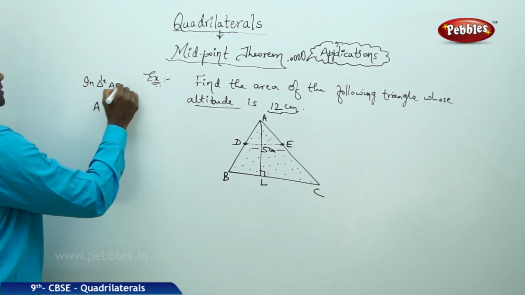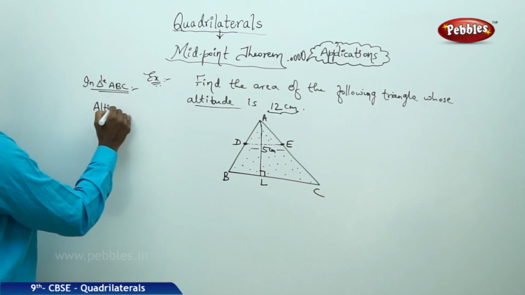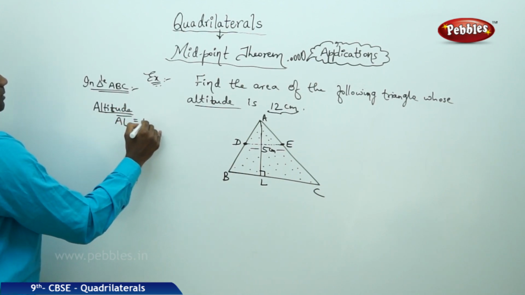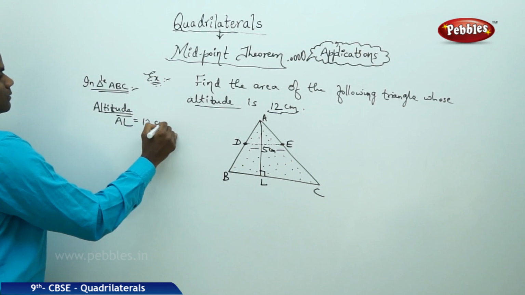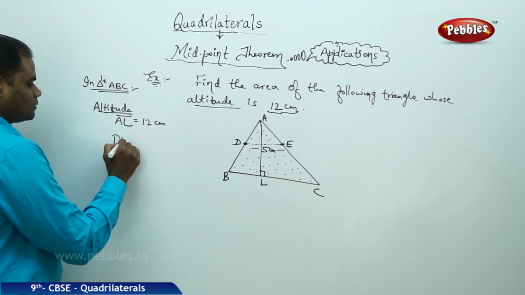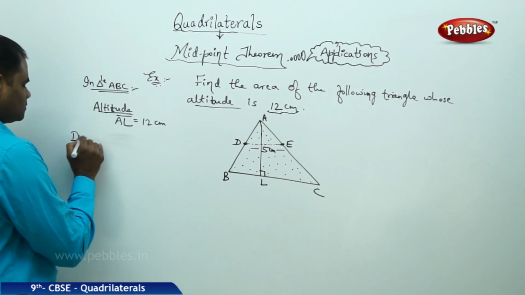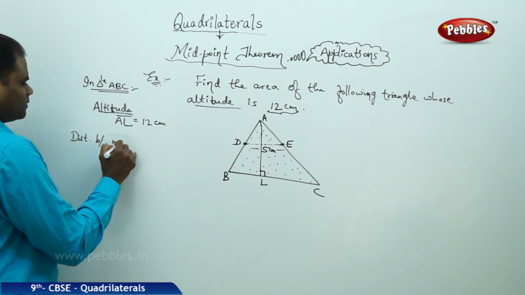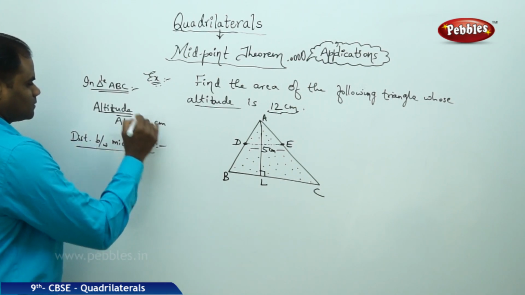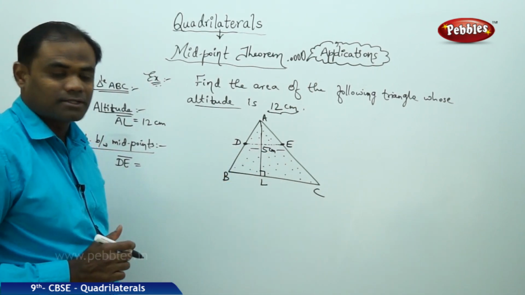In triangle ABC, the given things are the altitude AL is 12 centimeters and DE, the distance between midpoints, is given to be 5 centimeters.